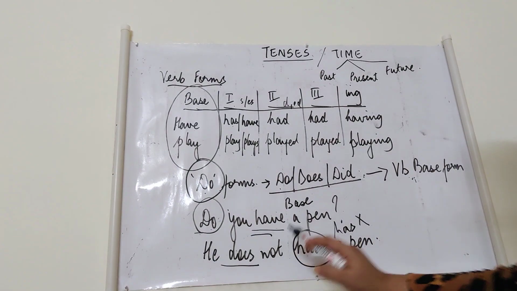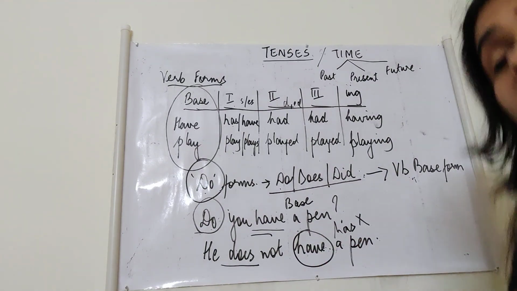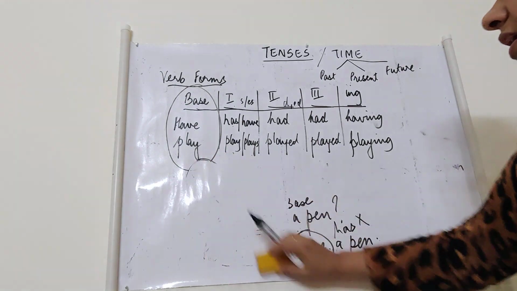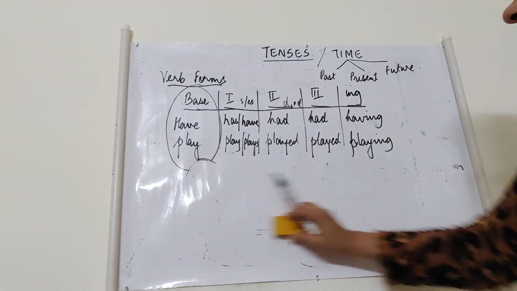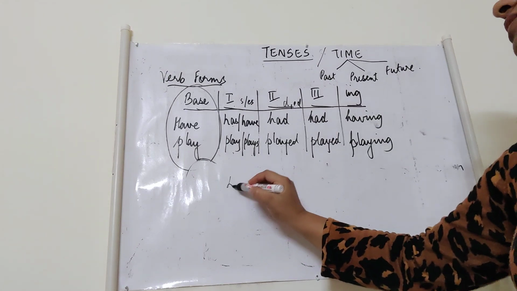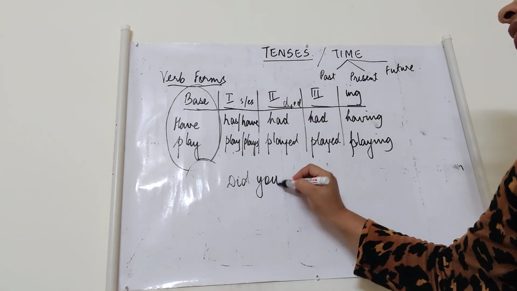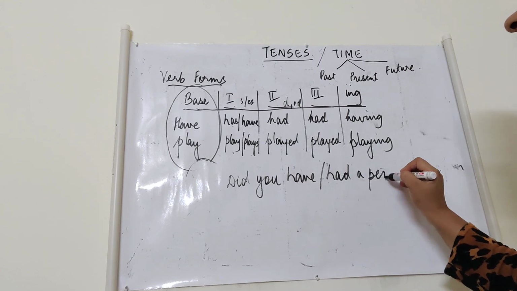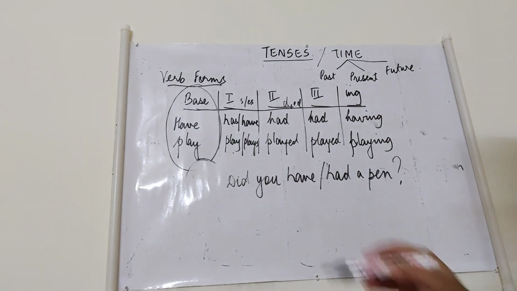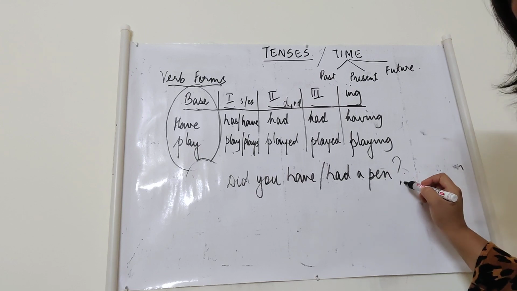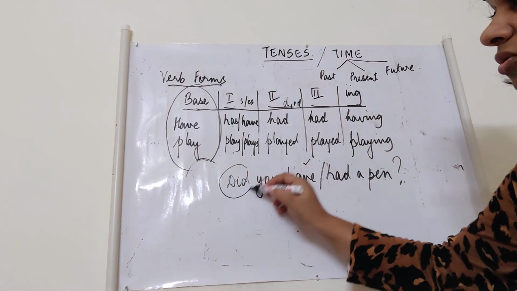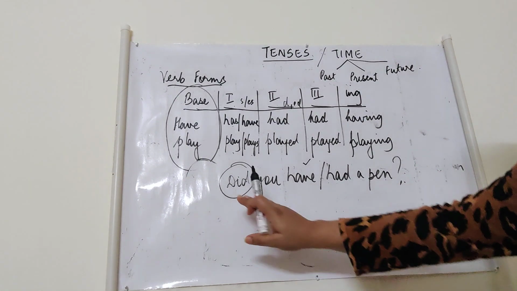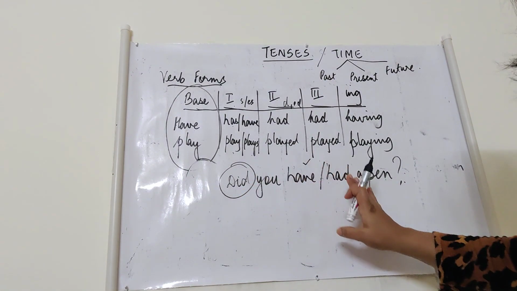Okay, this is essential for understanding, because we need to know this when we are framing questions. If I say, did you have or had a pen, now did you have a pen is right. Why? Because did is the form of do, and as I told you earlier, do ko base pasand hai.